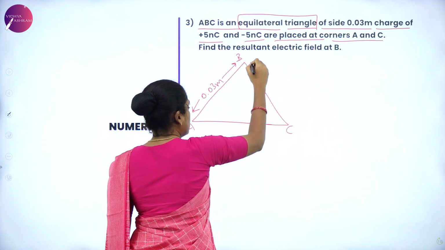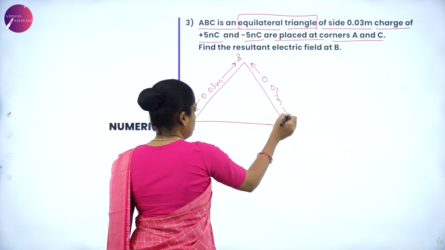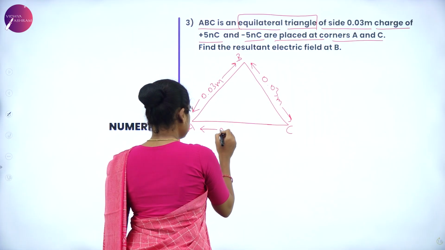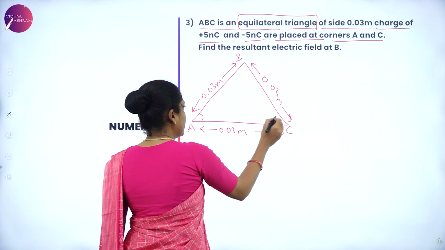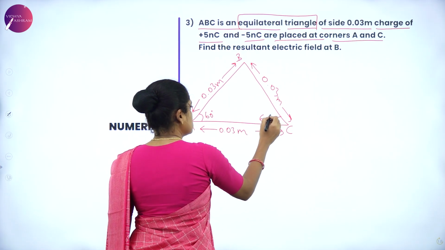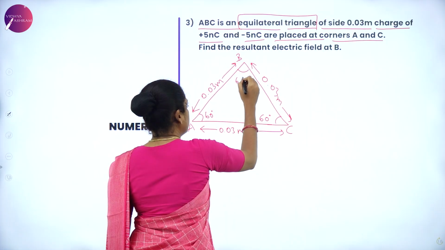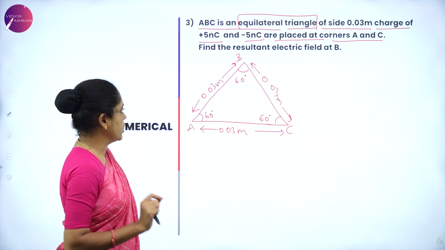As it is an equilateral triangle, all sides are 0.03 meter, and all the angles are equal. The sum of all the angles must be equal to 180 degrees. Therefore, all the angles are equal to 60 degrees.